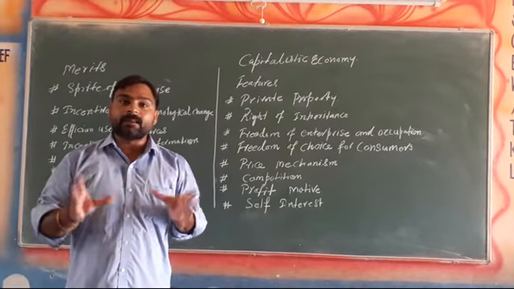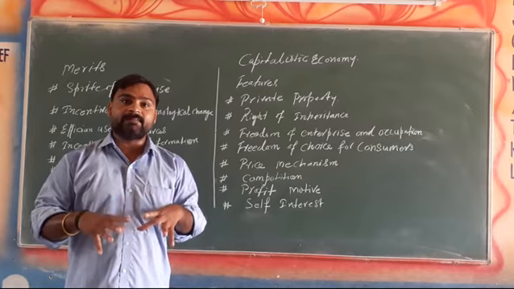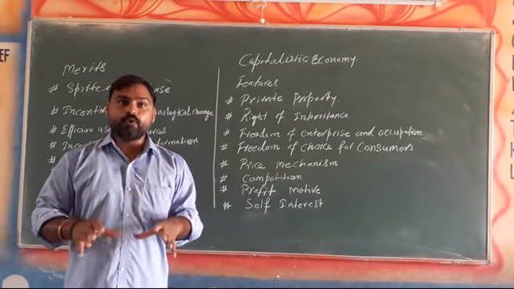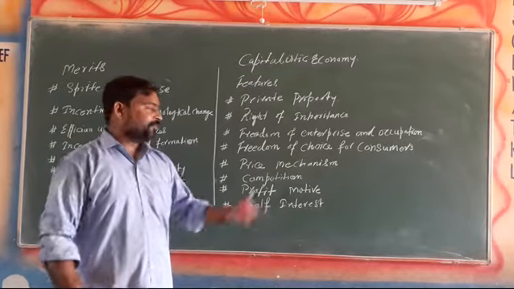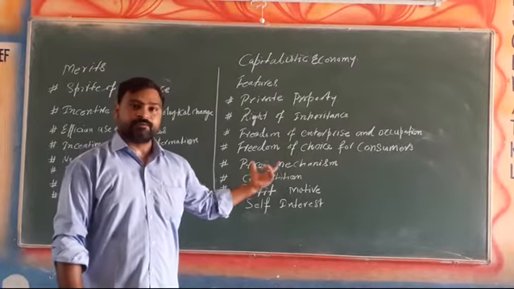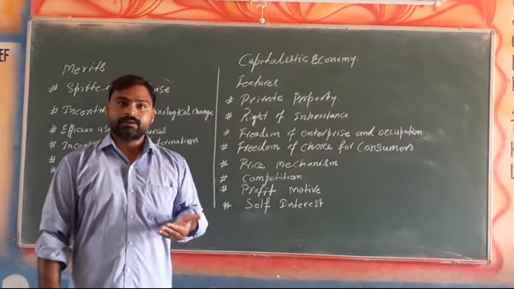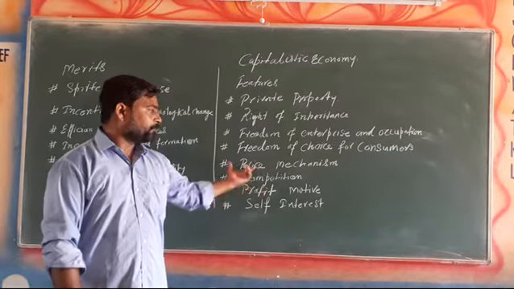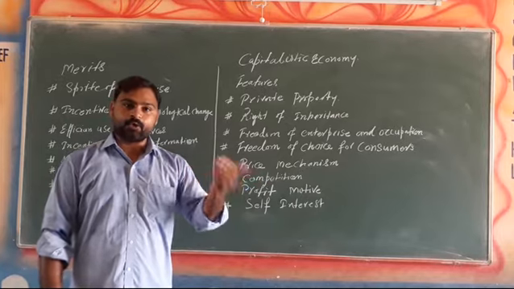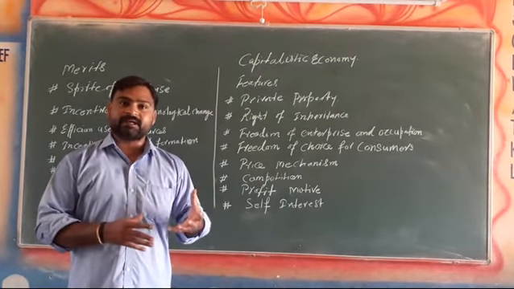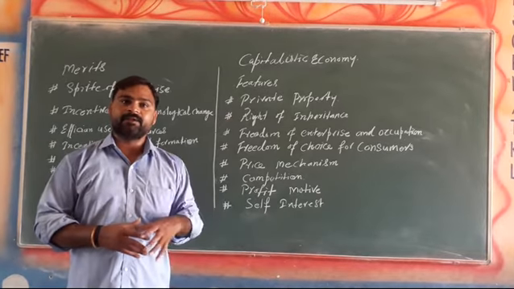Means no one determines the price. The price is determined by the market force. Market force means the force of demand and supply. We will study price mechanism in detail when you are in class 12. There is a chapter on price mechanism, and if you are watching the video, you can watch it from equilibrium price, equilibrium quantity. These are part of price mechanism.